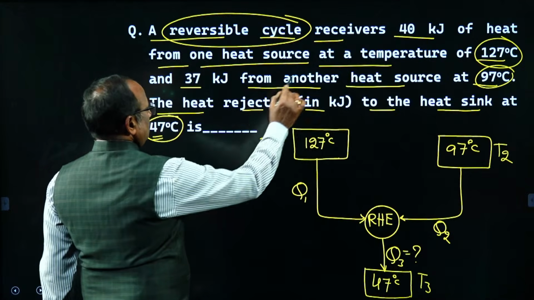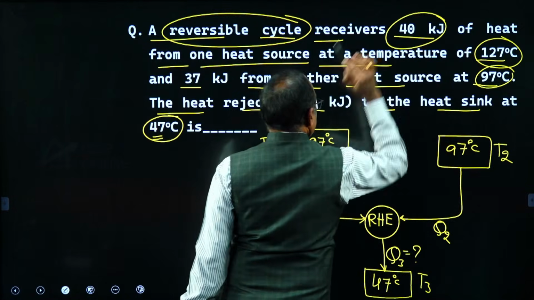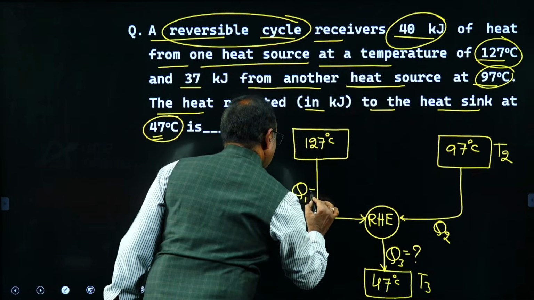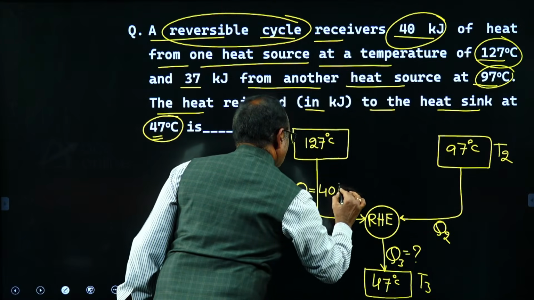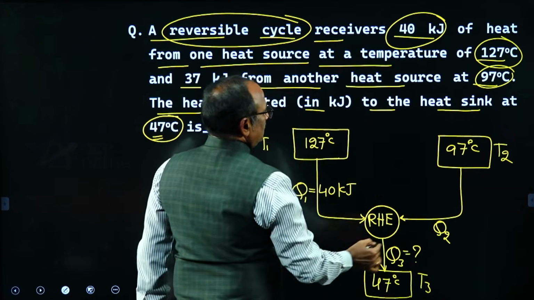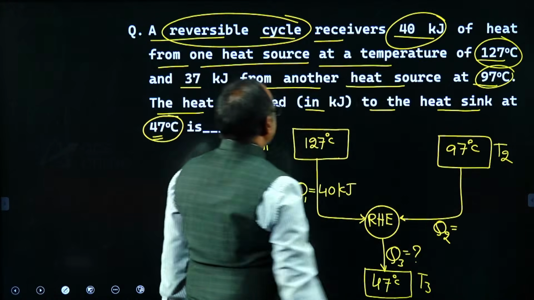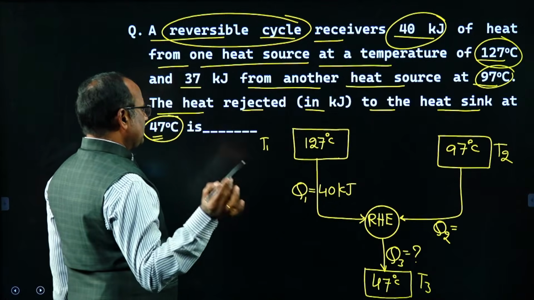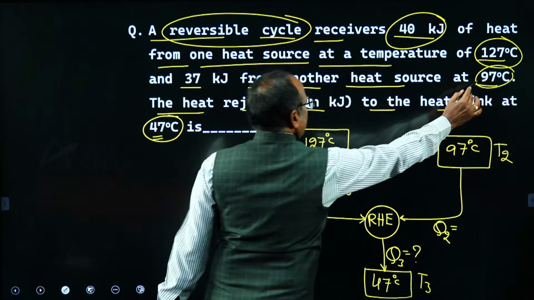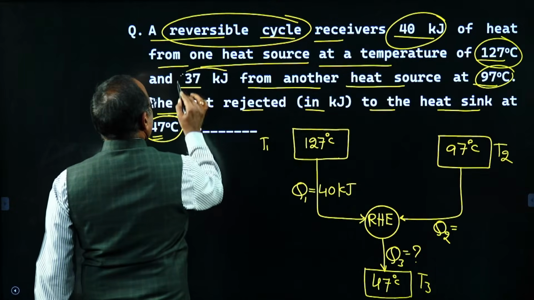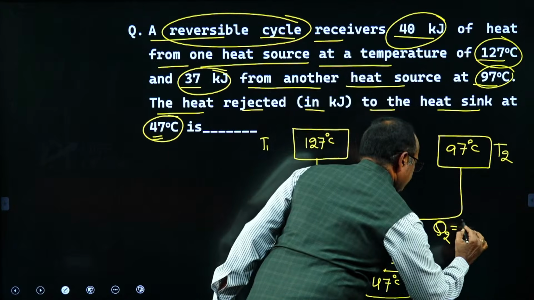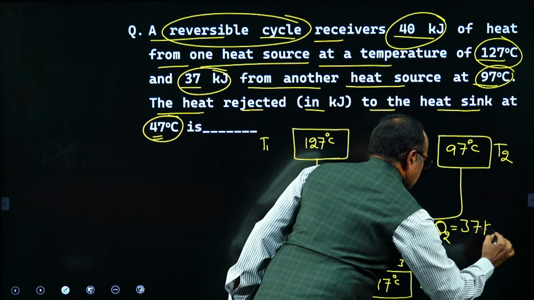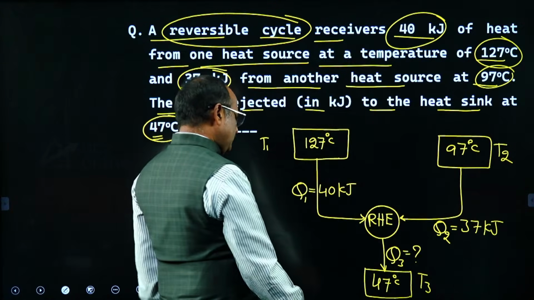Q1 is given as 40 kilojoules, and Q2, the heat available for the reversible heat engine at 97 degrees centigrade, is 37 kilojoules. Q3 is how much?